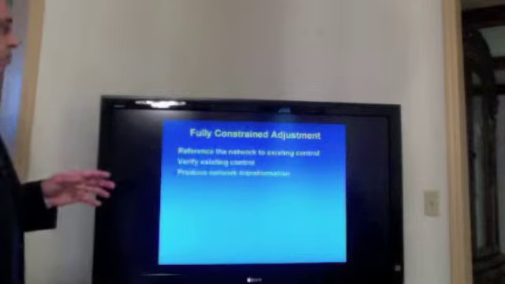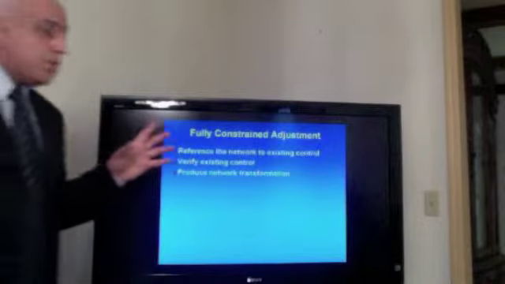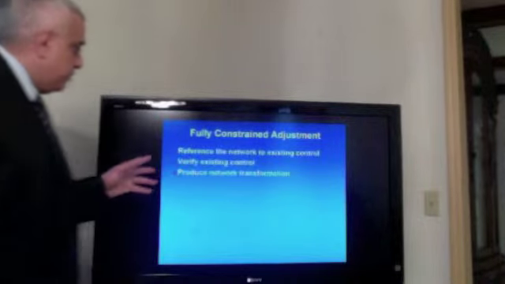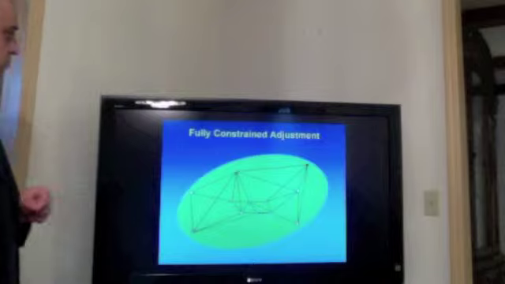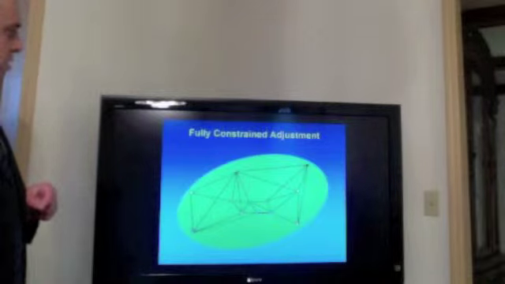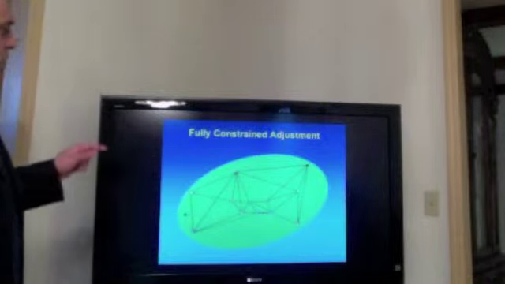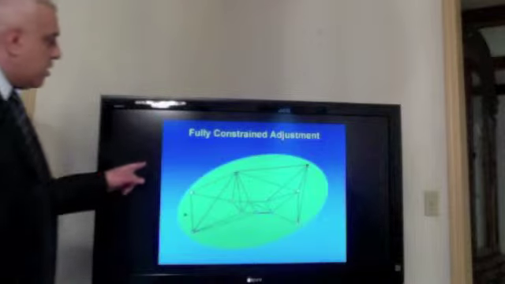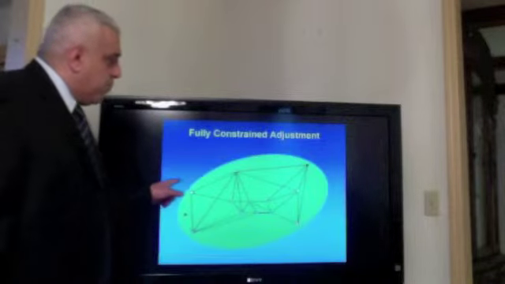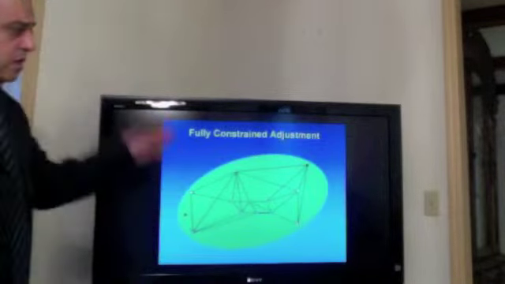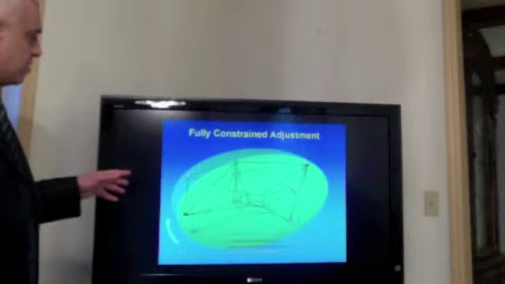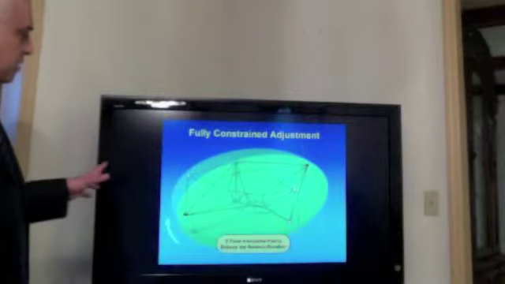And also we need to produce the network transformation. So we will start with one point, fix it, run the least squares, and then check the consistency.